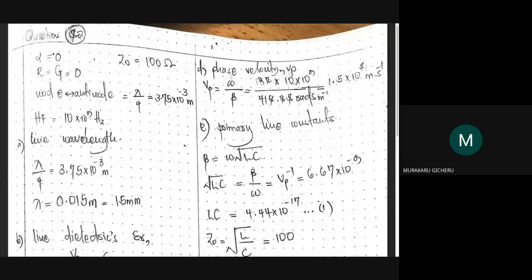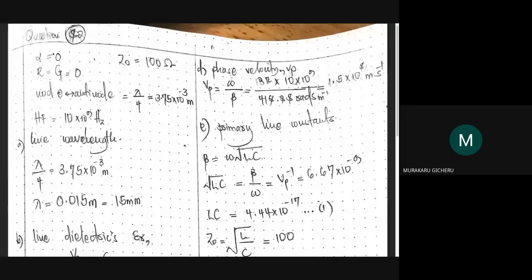Applying that knowledge to part A, since we've been given the node and antinode separation, we will just multiply what we have by lambda over 4.